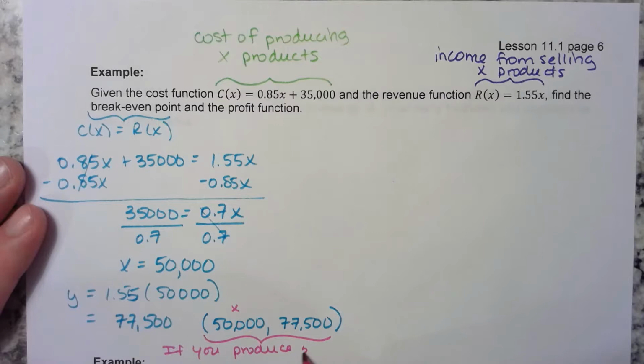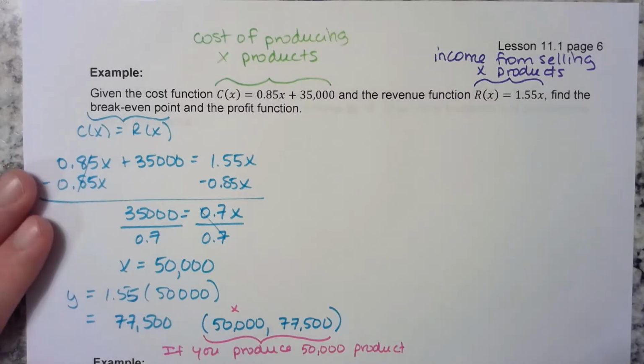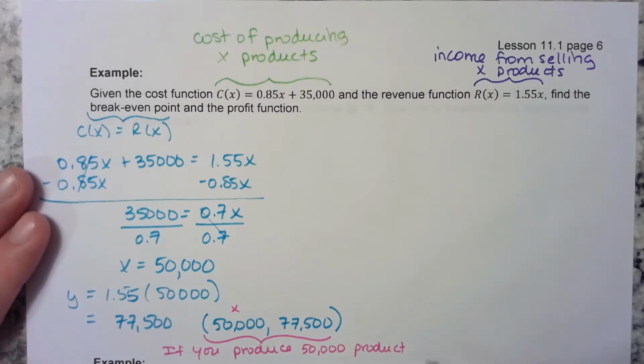So if you produce 50,000 products, if you produce that many pieces of that particular product, you will break even with the revenue of $77,500. That's what this break-even point means.